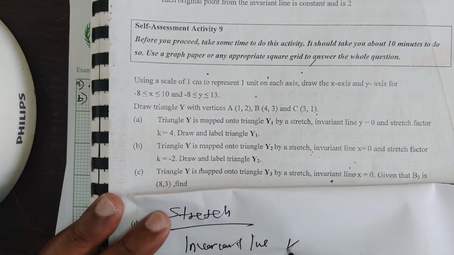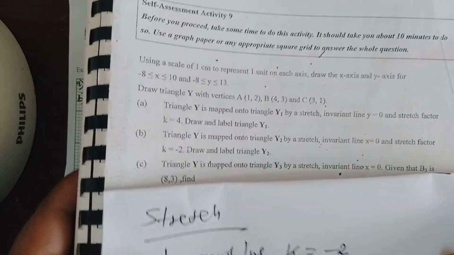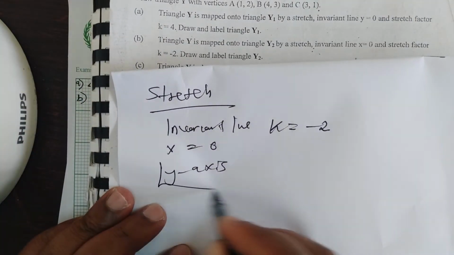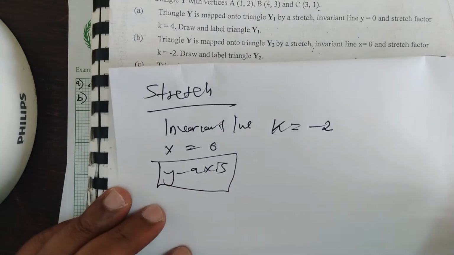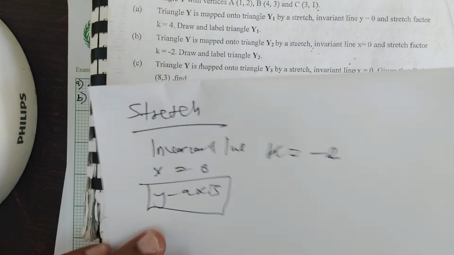And what is our stretch factor? The stretch factor is negative 2. So what that means is that if the invariant line is the y-axis, then the values of y will not change. Let me rewrite the coordinates again.